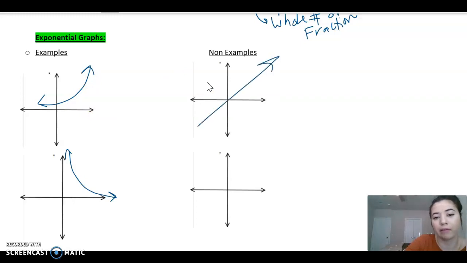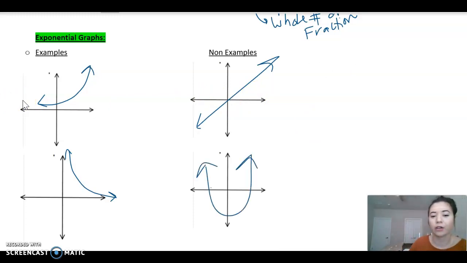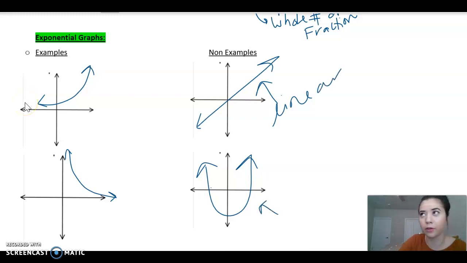Non-examples would be obviously a straight line. That's what we learned in Try 1, Try 2. Those are lines, so they are linear, not exponential. Or something that looks like this also is not exponential. So again, this is linear. This one right here, this is what you learn next year.